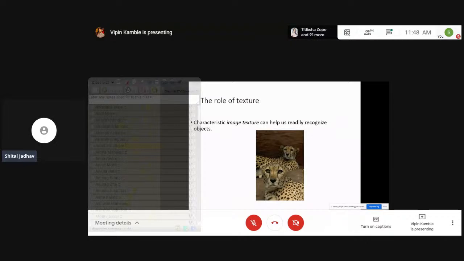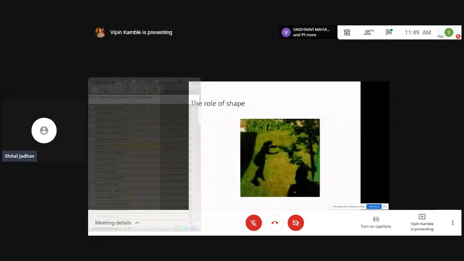Even if I give you a part of this image, from the texture itself it is readily recognizable for a computer. But for a human observer, if I give a patch, you will be confused whether it is a cheetah or a jaguar. So the role of texture is very important in recognition.